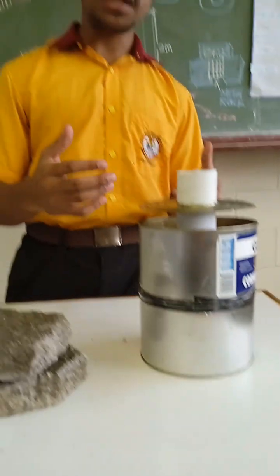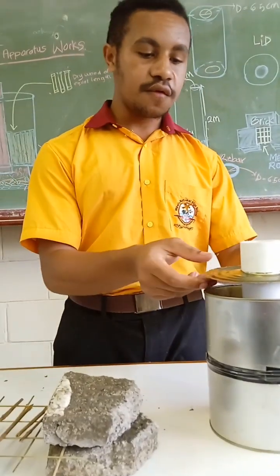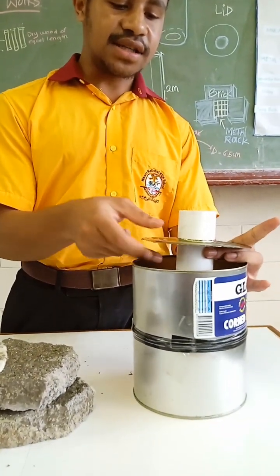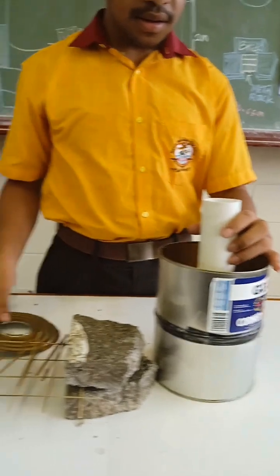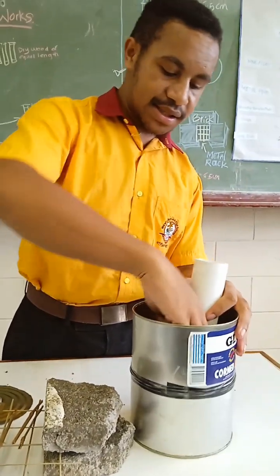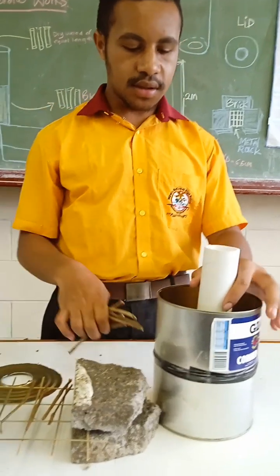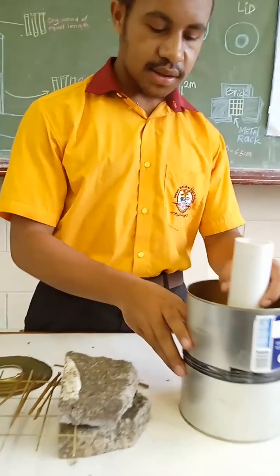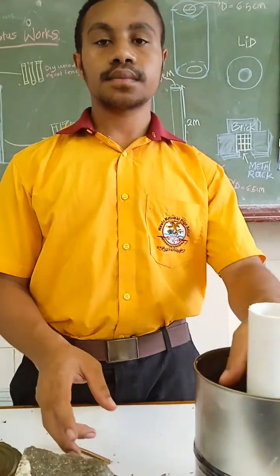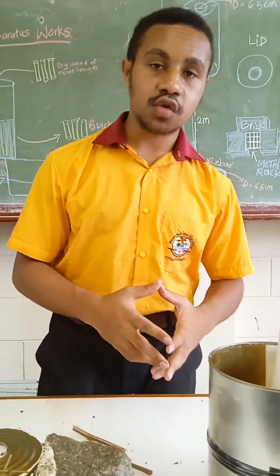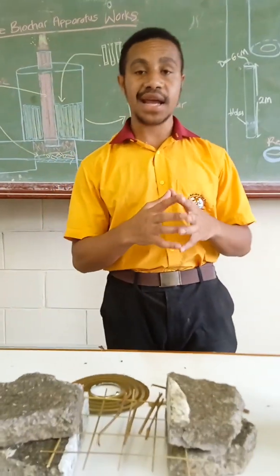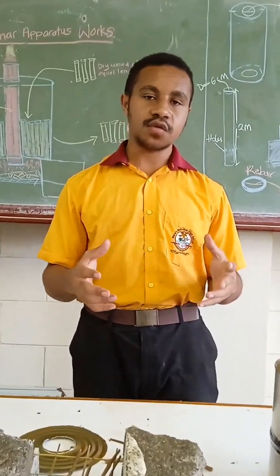After it is cooled, you can just remove the lid and collect the biochar which is here. This biochar can then be stored or directly used, whichever way you prefer.